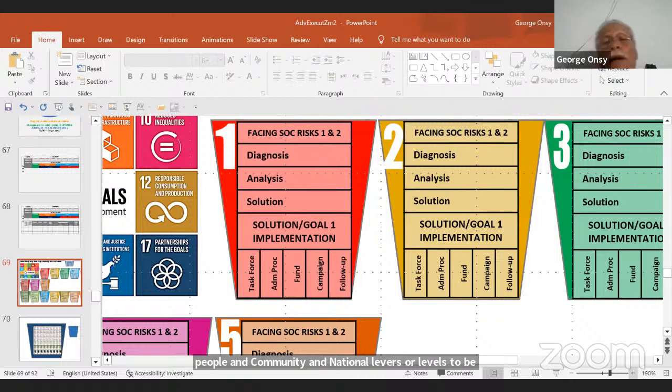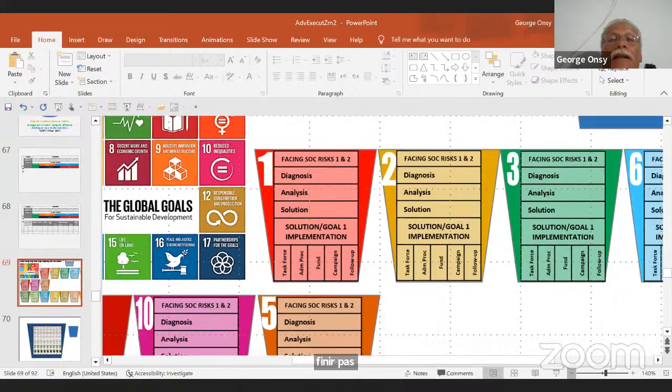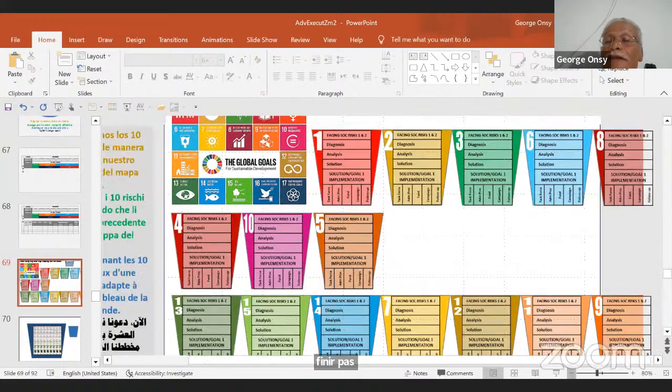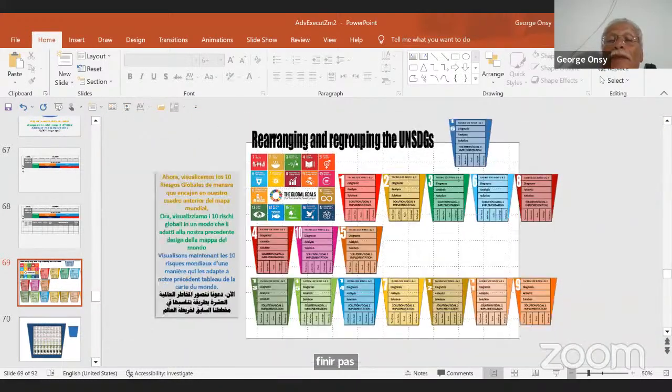Then finally follow up: when everything is implemented, we should follow up on the ongoing work. As you see, every one of the 17 goals can be workable that way.